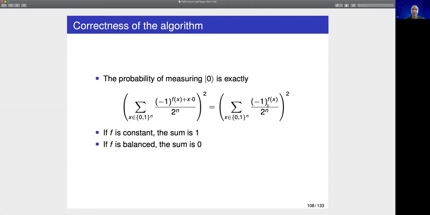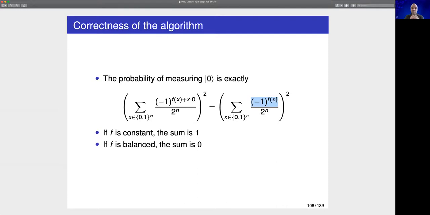However, if the function is balanced, then half of these values are going to be 0, half are going to be 1. So half of these coefficients are going to be 1, half are going to be -1, and one is going to cancel another. Here is where we find the destructive interference.